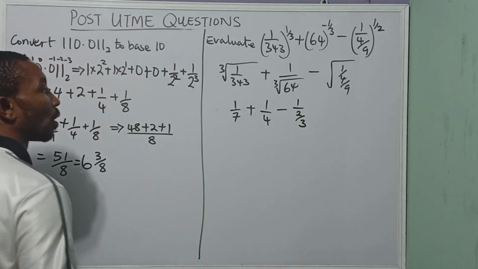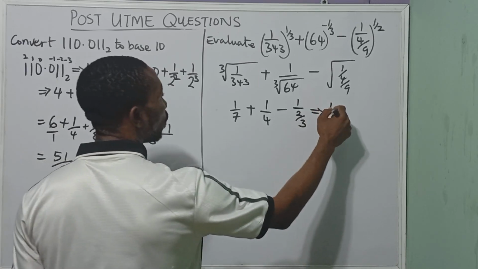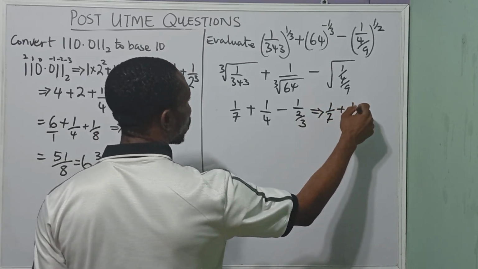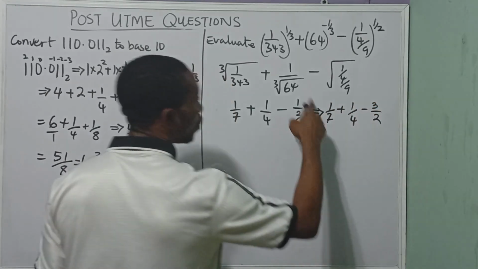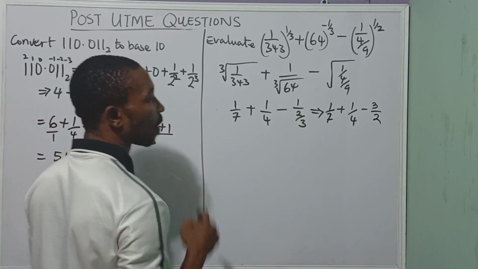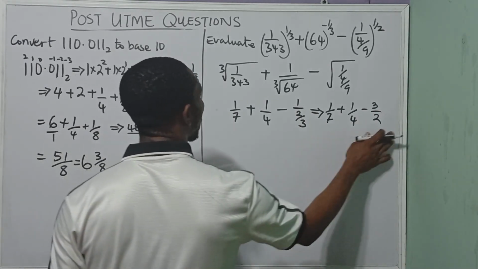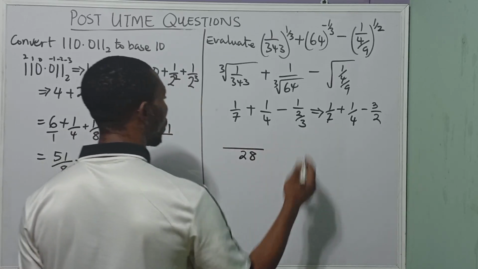Okay, so now having this way, we can rewrite this to be 1 over 7 plus 1 over 4 minus 3 over 2, doing the inverse of that, having it as 3 over 2. So here, our LCM will be 28. 7 times 4 will give us 28.